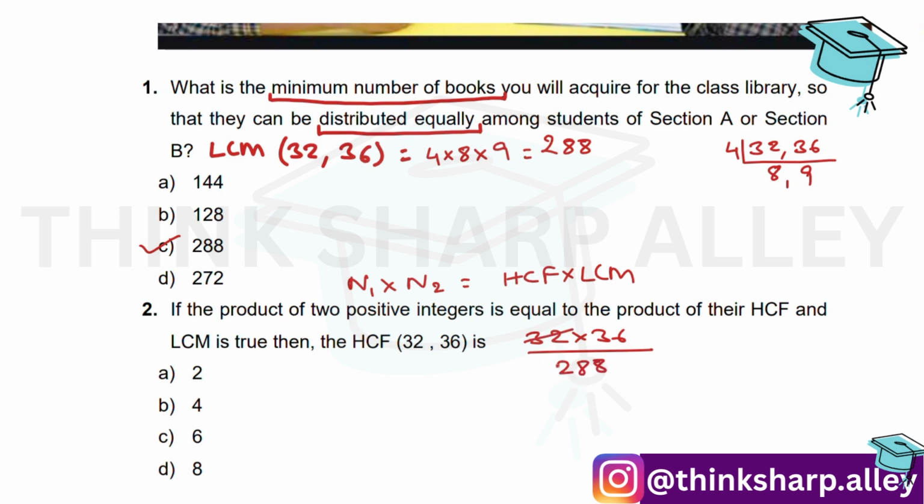I can cancel by 32, leaving 9s and 9 4s. So the answer is 4. By the way, over here also we have found that 4 is the highest common factor. The answer was supposed to be 4, but since we have to use the property, I have shown it.